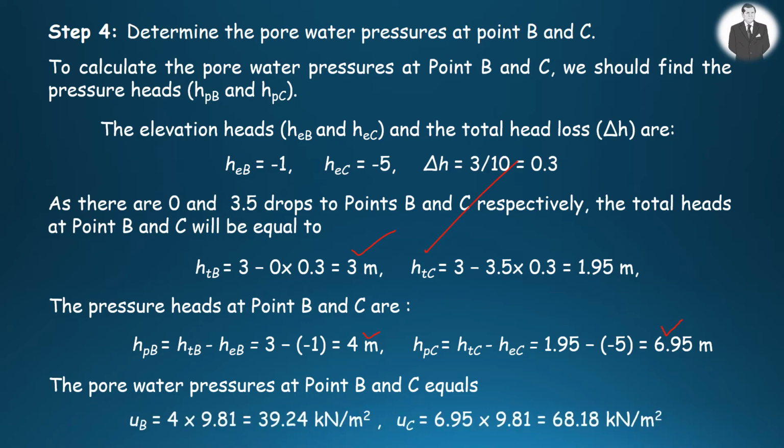Thus, the pore water pressure at point B is 39.24 kilonewton per square meter, and at point C it is 68.18 kilonewton per square meter.